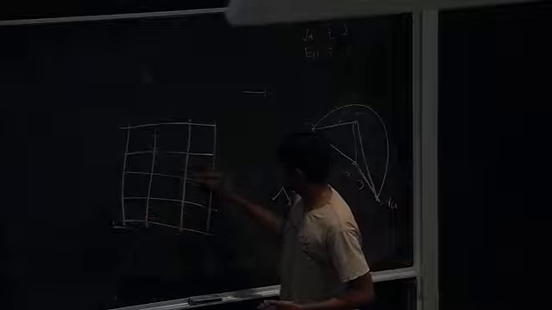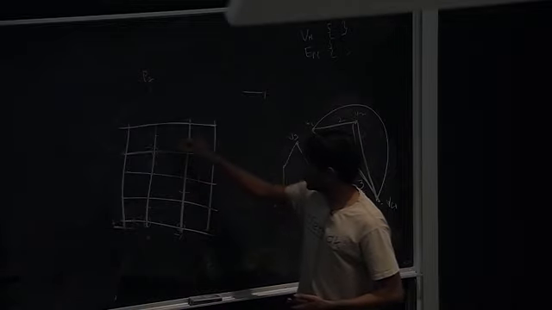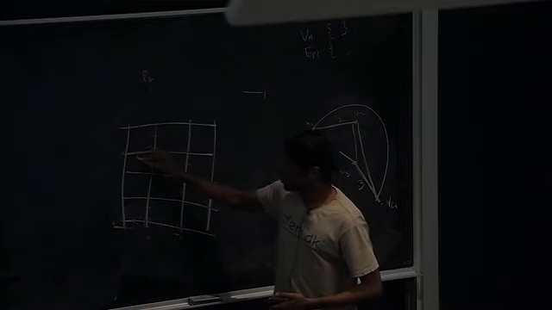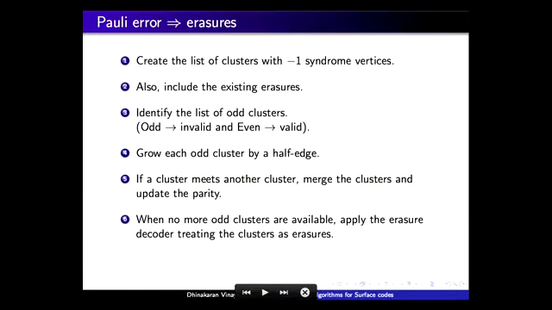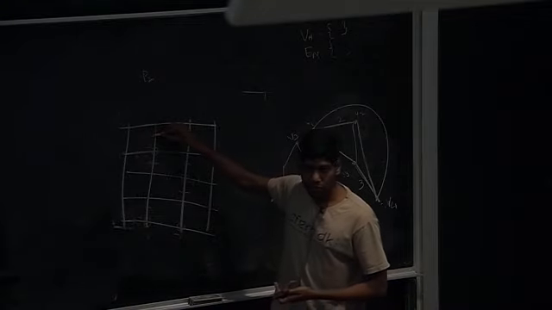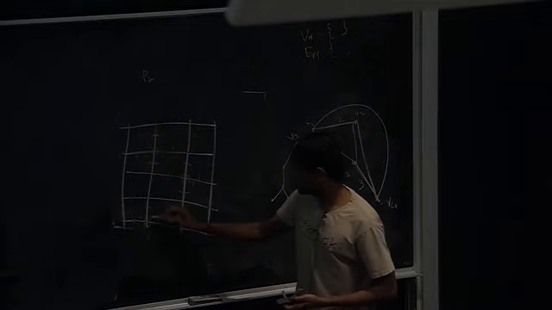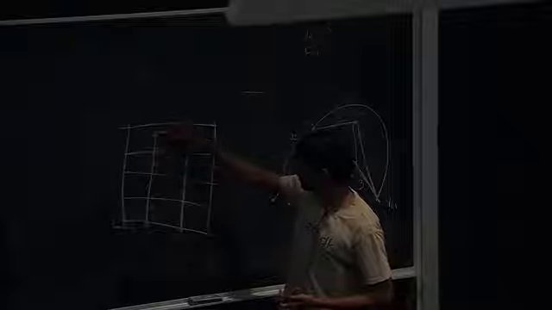and you grow this cluster by half edge, and you keep doing this. This cluster merges with this cluster at this point, because this grows halfway here and this grows halfway here.